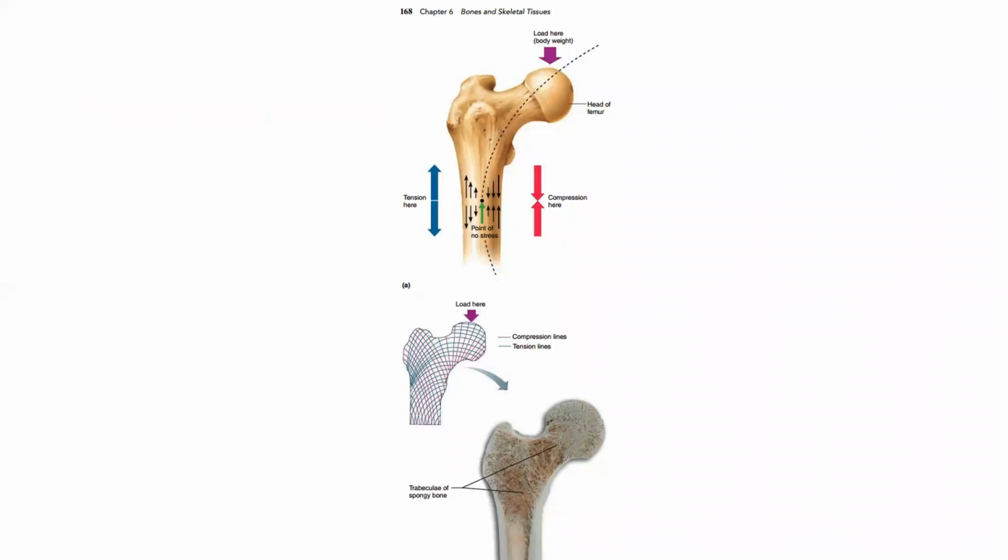Because of the different stress going through the bones, the bone has to remodel and reshape and resist. Even in the spongy bone region, we are going to get tension lines and compression lines. These are the lines created by the collagen fibers to resist the deforming force.